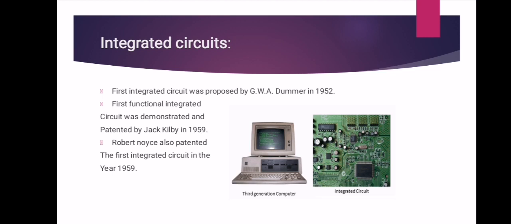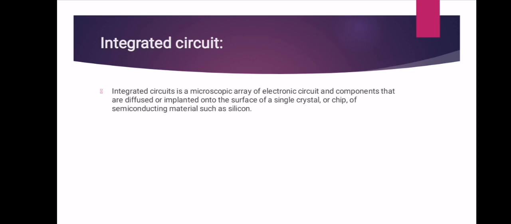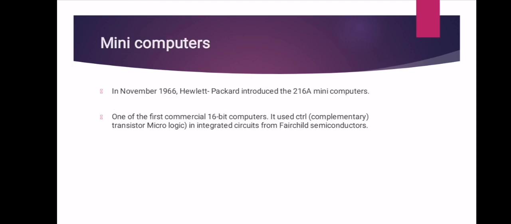An IC is a small wafer, usually made of silicon, that can hold anywhere from hundreds to millions of transistors, resistors, and capacitors. Integrated circuits are made of semiconducting materials such as silicon.